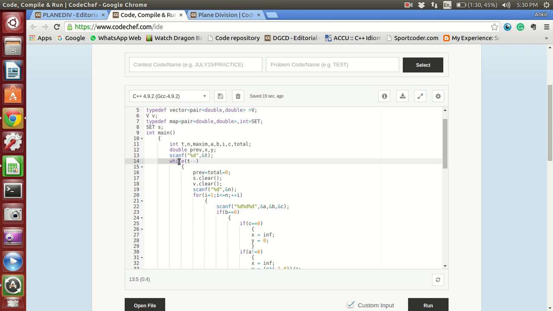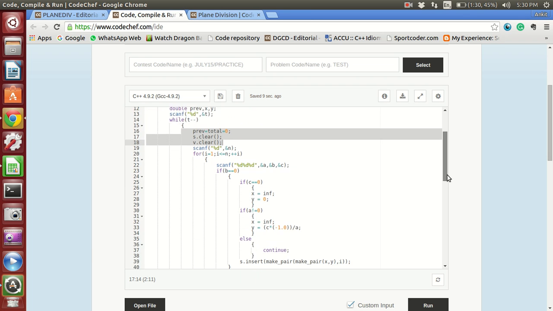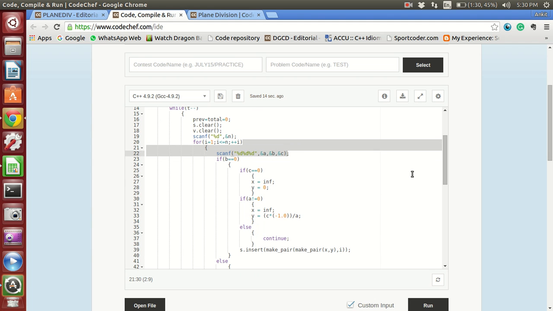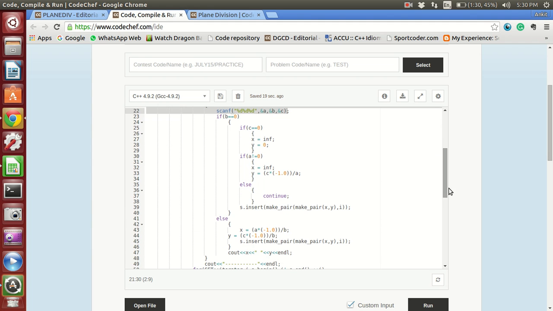For every test case, first of all we are clearing the two data types, and then we are scanning the set A, B, C. Now there are certain special cases, like if b is 0, that means the slope would be infinity always, right? So if b is 0, the slope x we are storing as infinity.